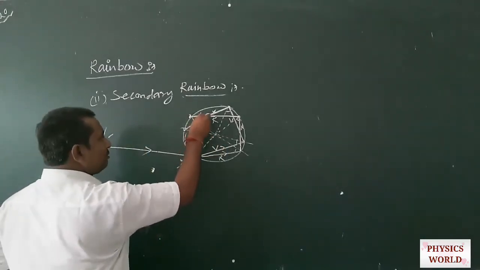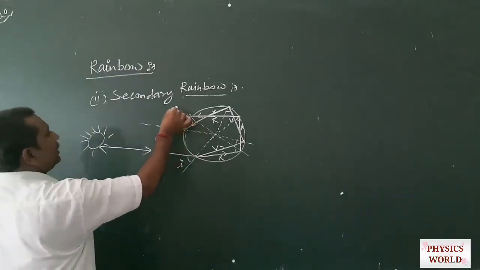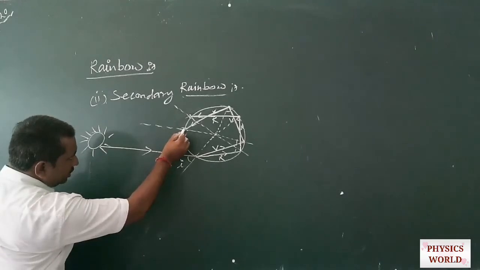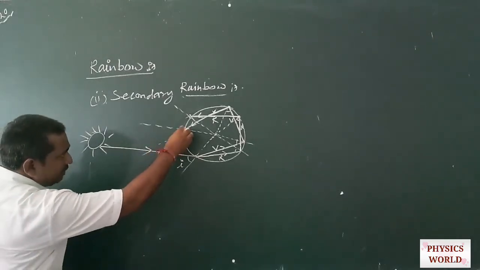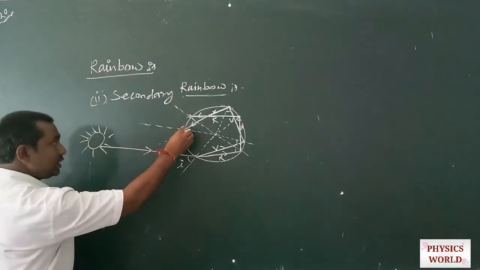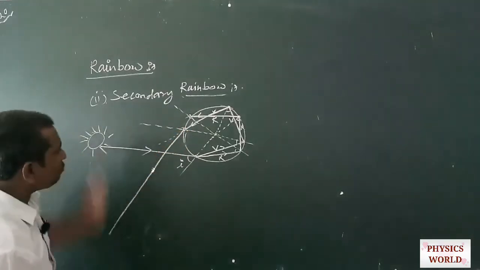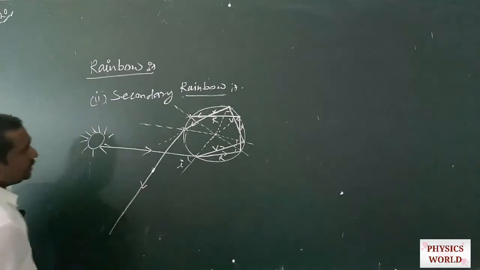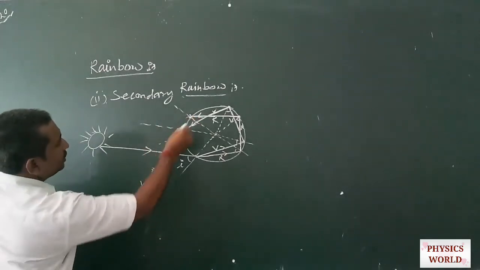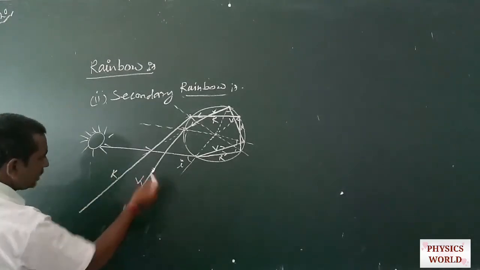After refraction from these points, light must go into the rarer medium. It means while going into the rarer medium, it must deviate from its original track, that is along this line. So it must get deviated away from the normal. This one is coming towards this path, and this one towards this path. So this one is the red and this one is the violet.